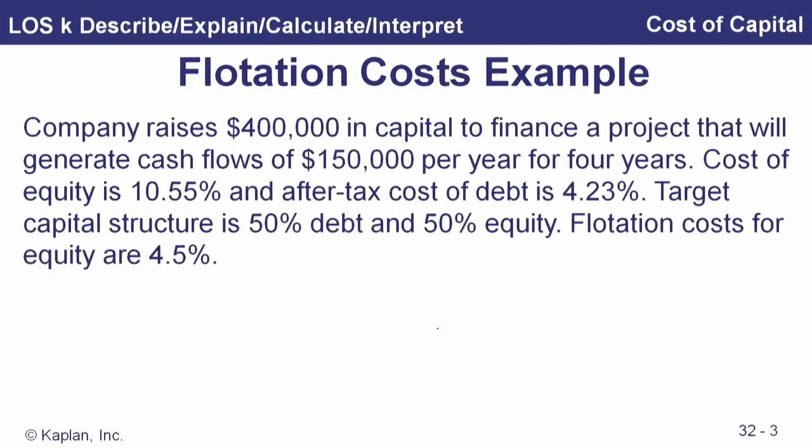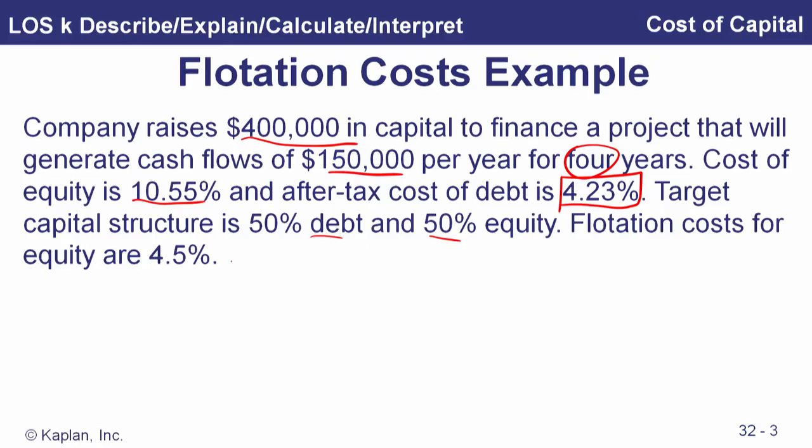Company raises $400,000 in capital to finance a project that will generate cash flows of $150,000 a year for 4 years. Cost of equity is 10.55. The after-tax cost of debt is 4.23, and our target capital structure is 50% debt and 50% equity.